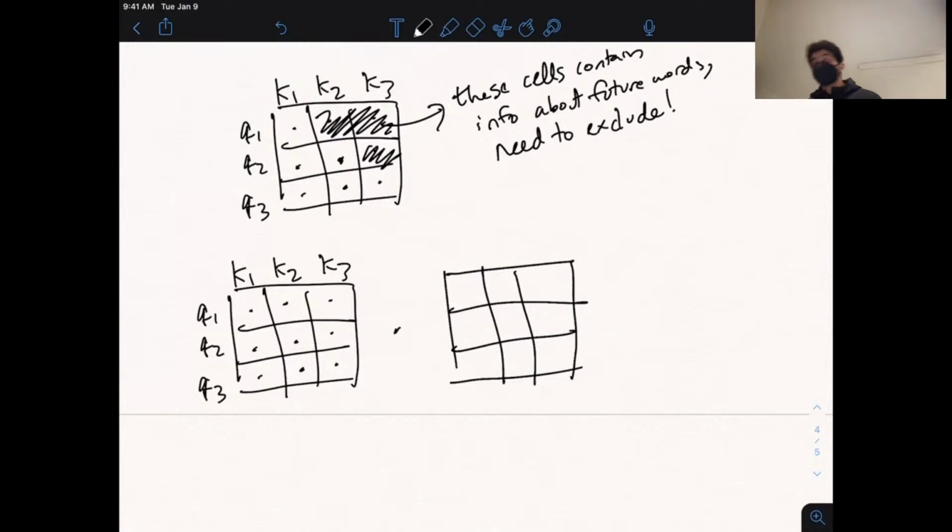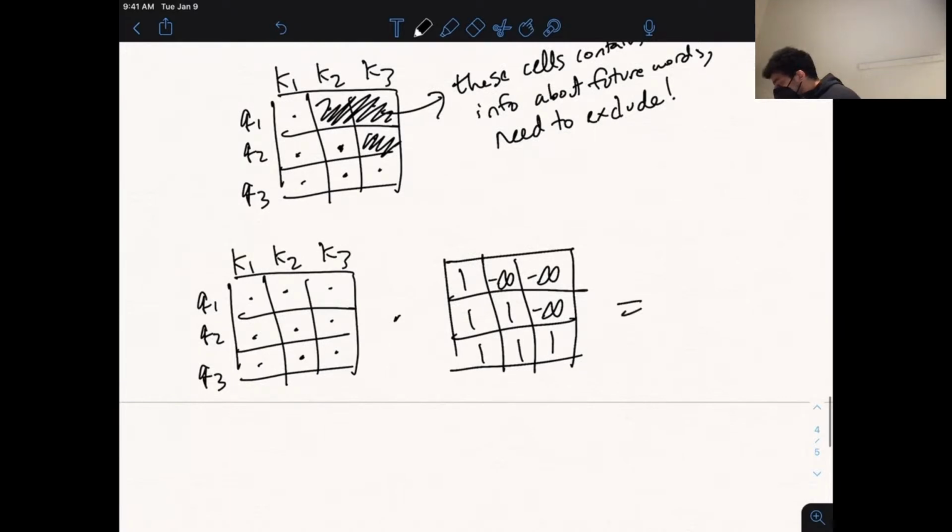This mask matrix is going to be 1 wherever we want to keep the value. So that's here, right? All of these should be preserved. And in the other cells which we want to mask, we're going to set this mask matrix equal to negative infinity, because after we compute the softmax, all of the values that are negative infinity will get set to 0. So we'll get the distribution that we want.